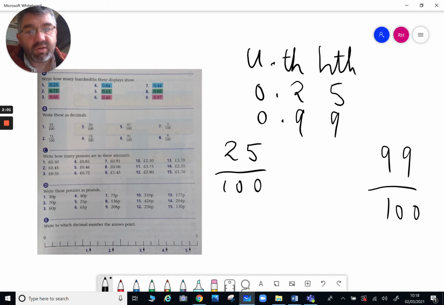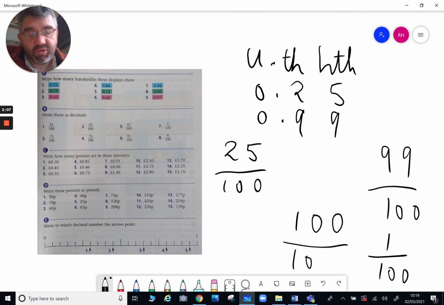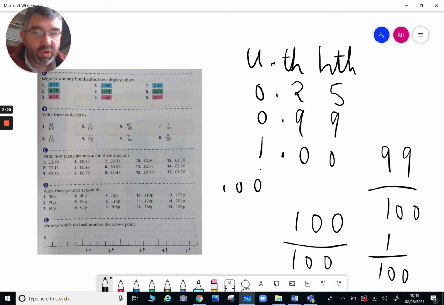But if we added 100th more, we would have, of course, 100 over 100, okay? Which would give us, of course, decimal point 1.00, which is one whole one and nothing left over, okay? So your job on part A is just to convert those decimals into hundredths, okay?